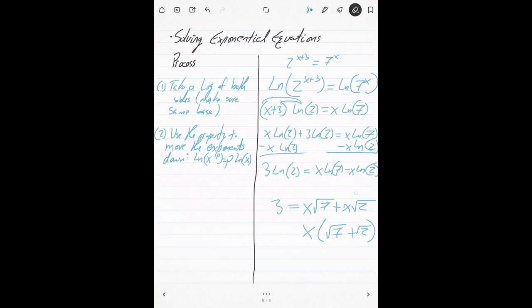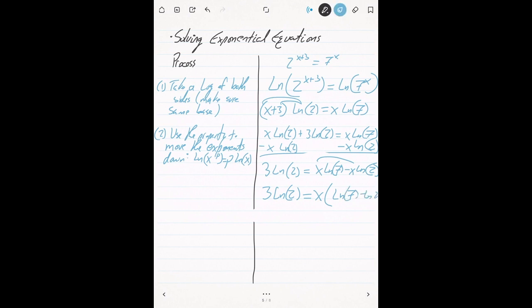We would factor it out and just have those values left to add together. So let's do the exact same thing right here. Let's factor the x out. So we have 3 times the natural logarithm of 2, okay? That's equal to x. I'm factoring that out from both of these, and we're left with the natural log of 7 minus the natural log of 2. It's a little hard to read. Let me see if I can write that a little nicer.